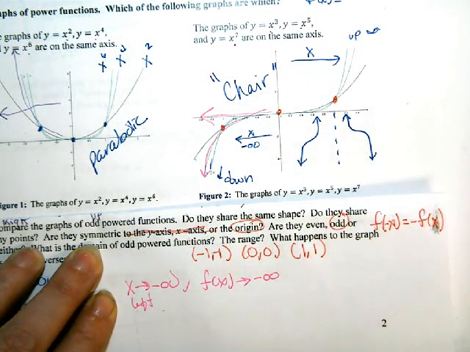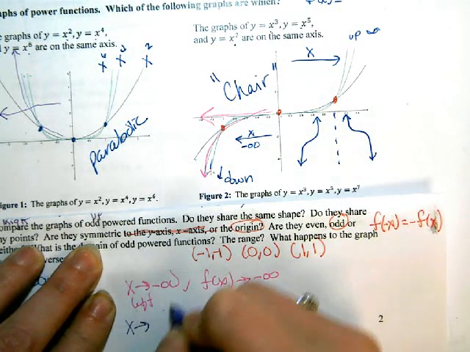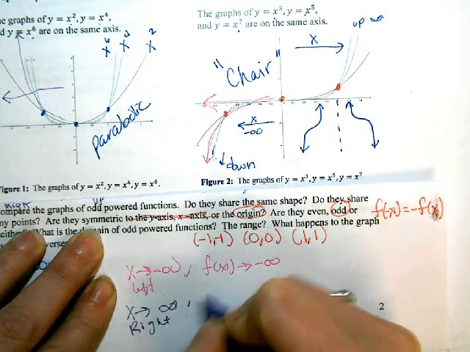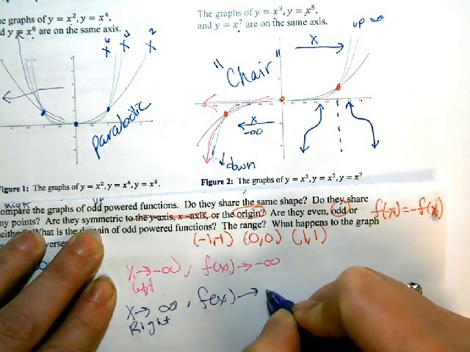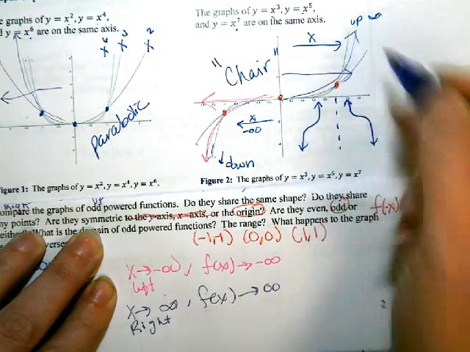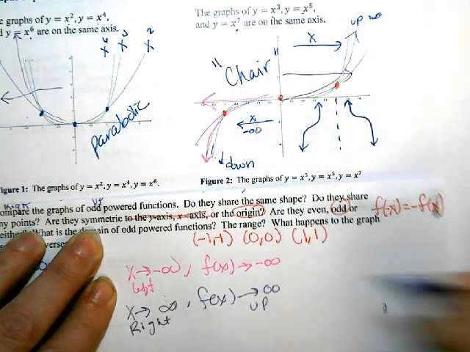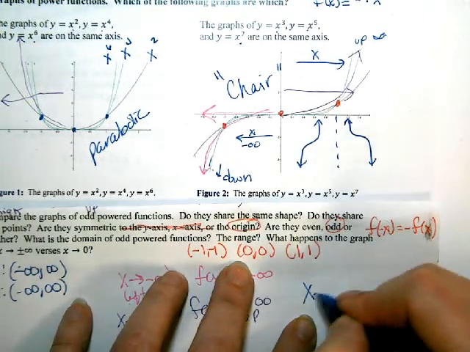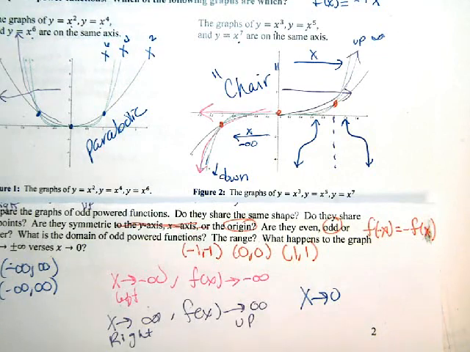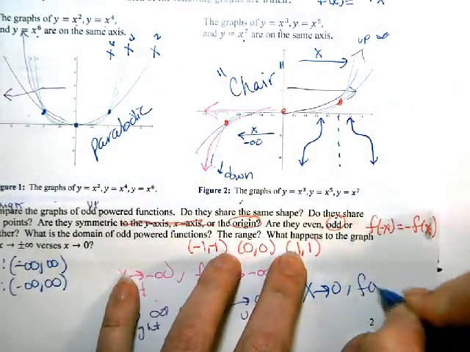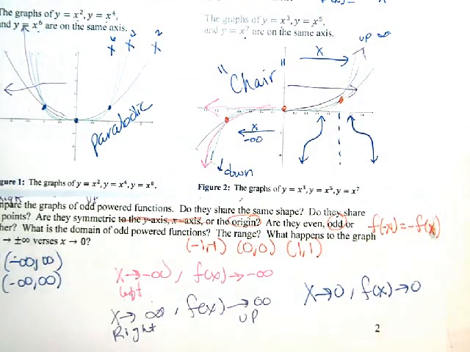As x is going to the right, f of x is going up. So going to the right is this way, and the graph is going up. Last but not least, as x goes towards 0, I start here and kind of zoom in, and f of x goes towards 0.